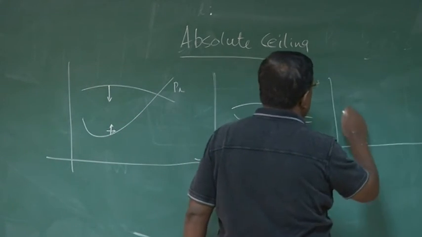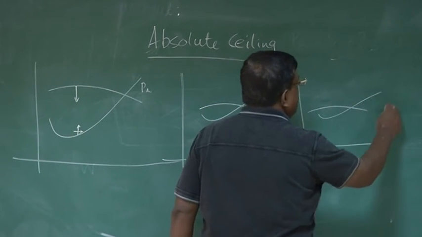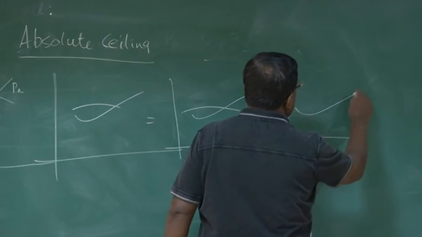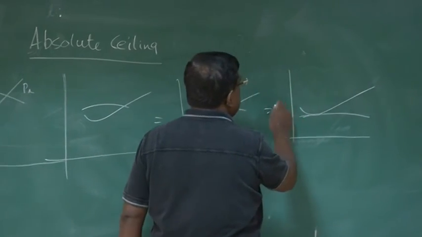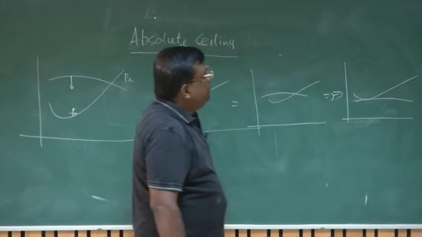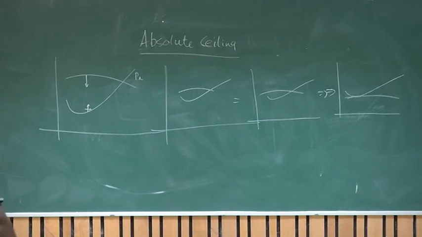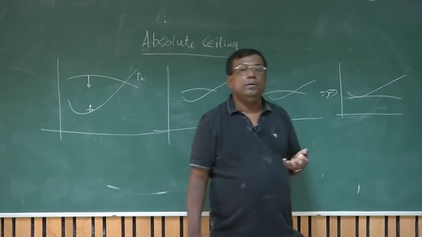Okay? Finally, the situation comes when it is something like this, and this is the situation where the excess power is 0. Okay? That is, the rate of climb maximum is 0 that time, and that is where we define absolute ceiling.